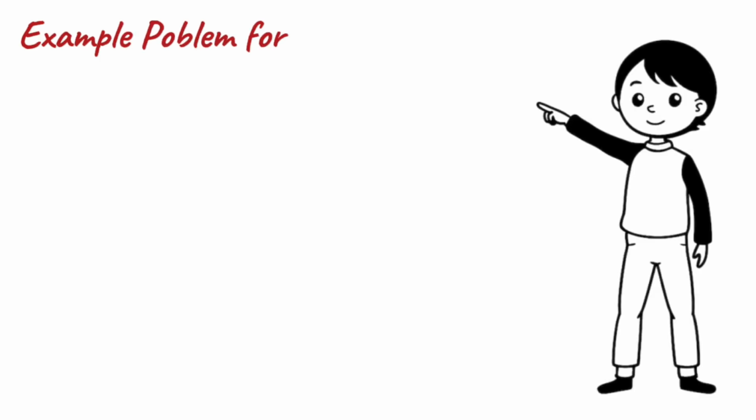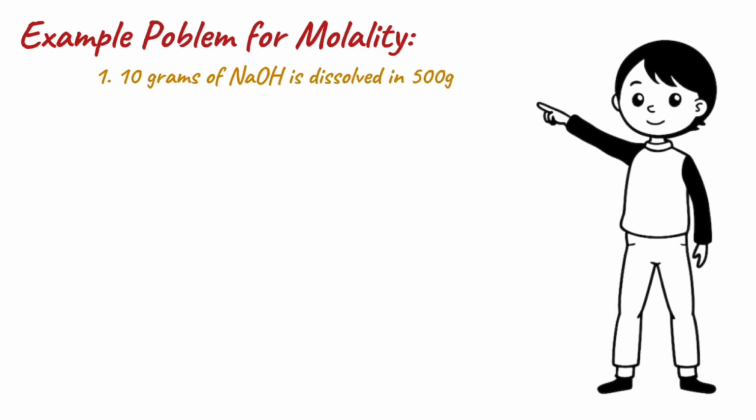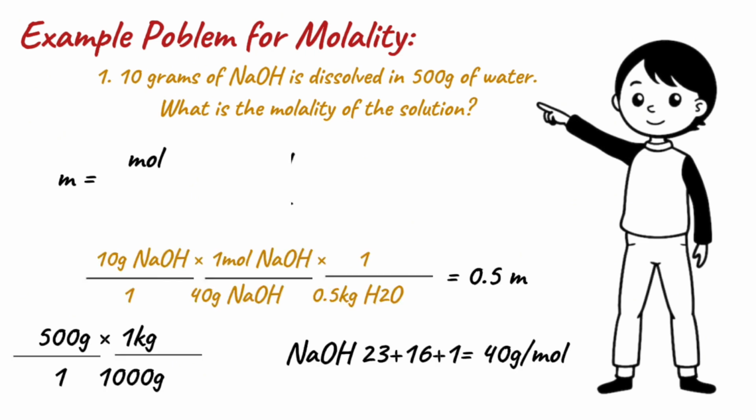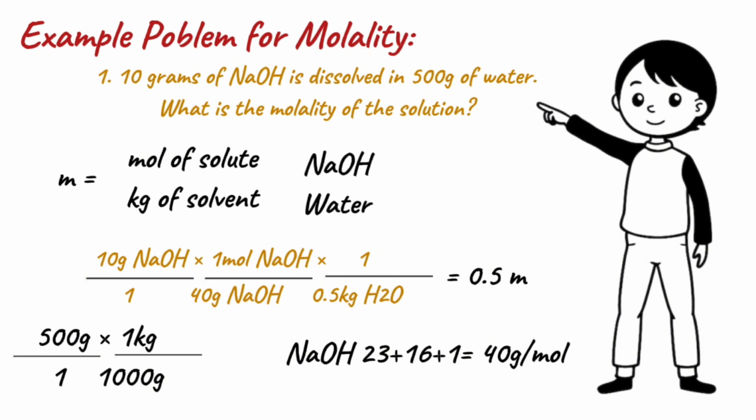Now, let's have some example for molality. 10 grams of sodium hydroxide is dissolved in 500 grams of water. What is the molality of the solution? Let's start with the solute. So we have 10 grams of sodium hydroxide, and let's convert it to moles.